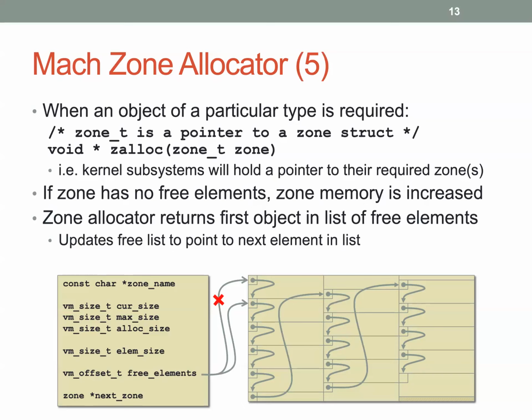Because I thought the cached object allocator also had a larger contiguous memory block, and then everything was assumed to be the same size. The Mach zone allocator is an example of a cached object allocator. Oh, okay, yeah, that makes sense. Okay, thank you. Yeah, no problem.